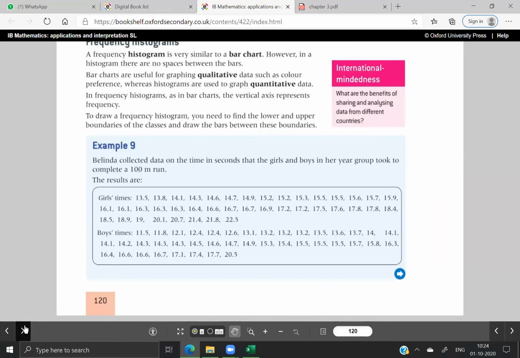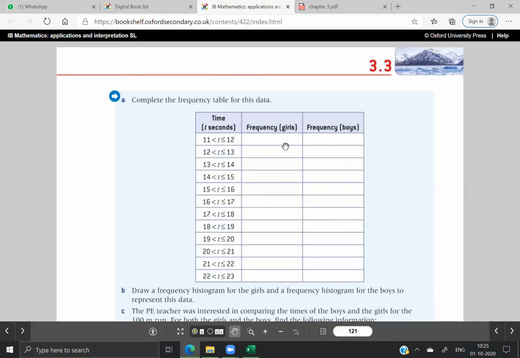So here, if you see, the boys here is 11 point something. Since they are writing both the frequencies in the same table, they have started from 11. So group them into 11 and 12. Also, I have told you repeatedly many times before, when we are grouping this frequency, you need to be careful of this sign.